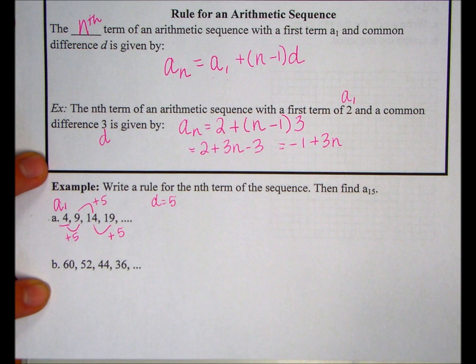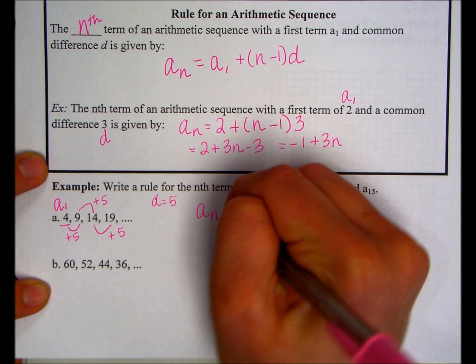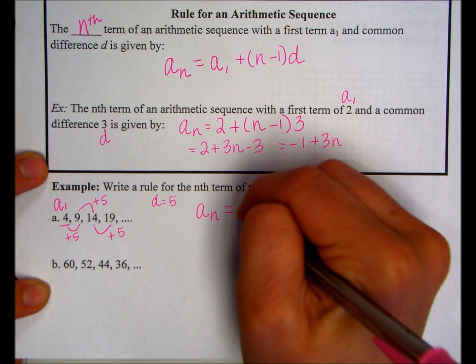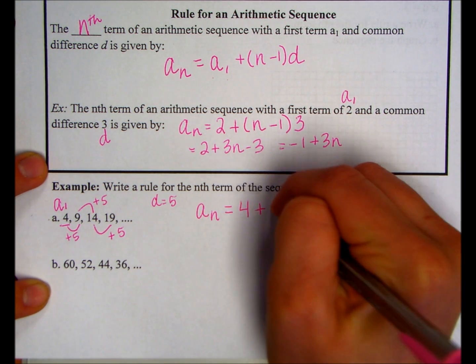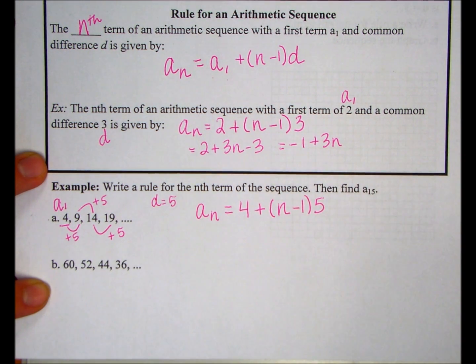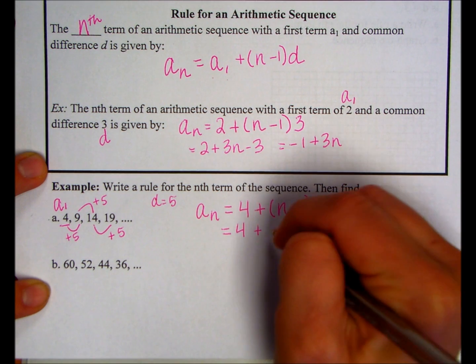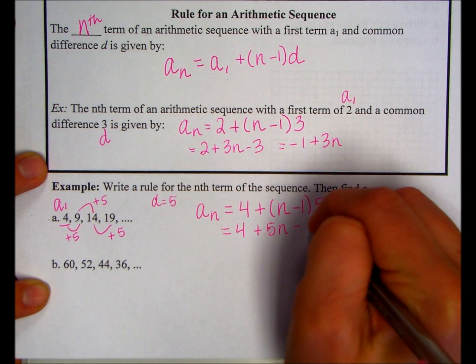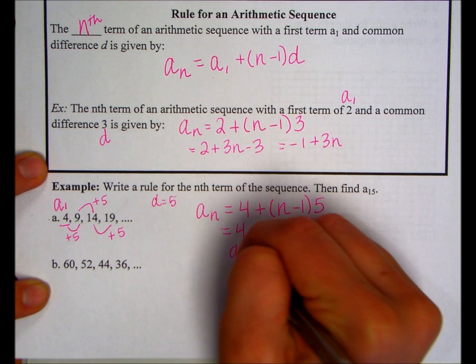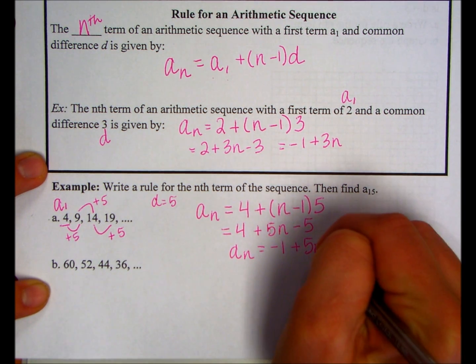And I can write my rule from here. So a sub n equals my first term, which is 4, plus n minus 1 times my d, which would be 5. Always want to simplify it, so it's going to be 4 plus 5n minus 5 to give me a sub n equals negative 1 plus 5n.